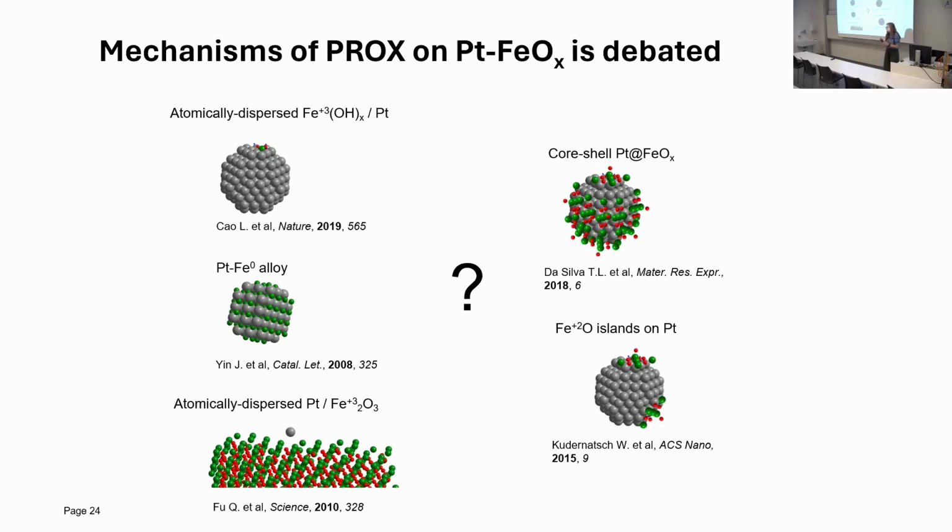For platinum, there is more or less agreement that it should be metallic, but sometimes it's suggested to be a platinum iron alloy. To pinpoint what is active, we decided to use X-ray absorption spectroscopy. Our approach was to make a catalyst with activity similar to the best catalyst reported in the literature, and then look at which iron state correlates with activity.